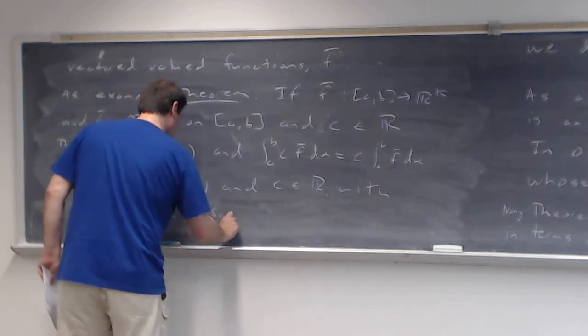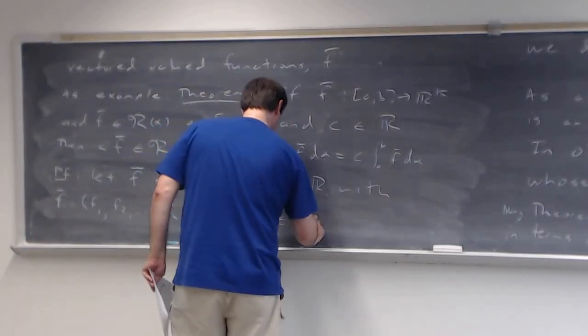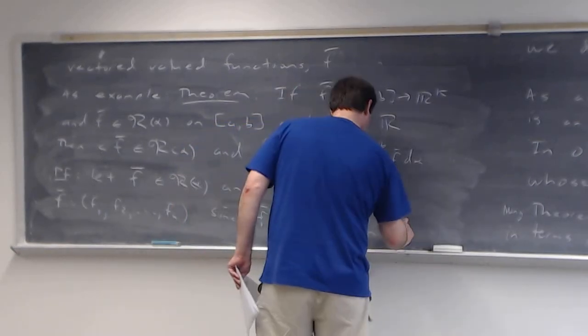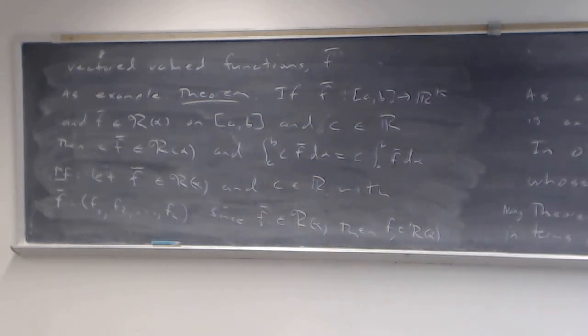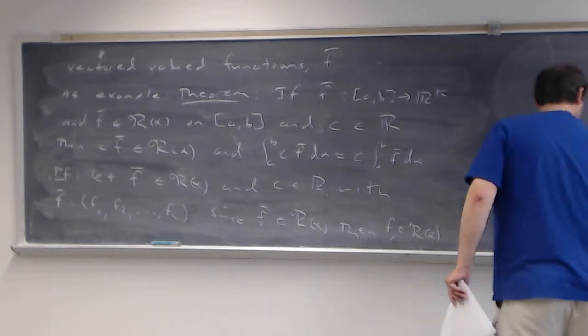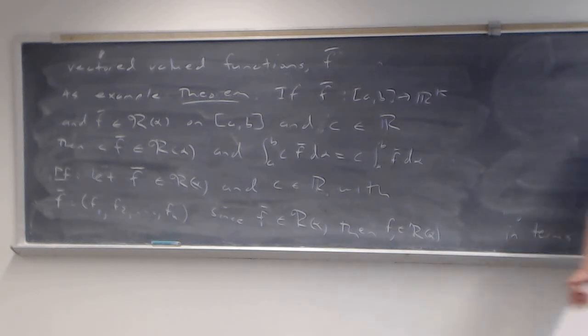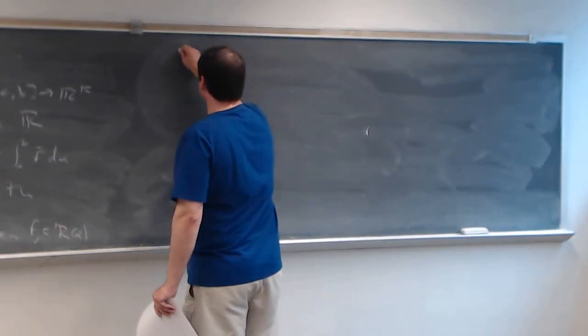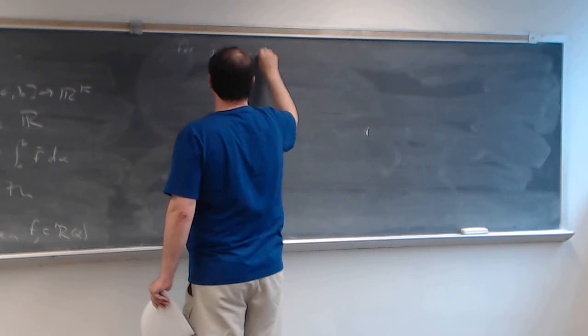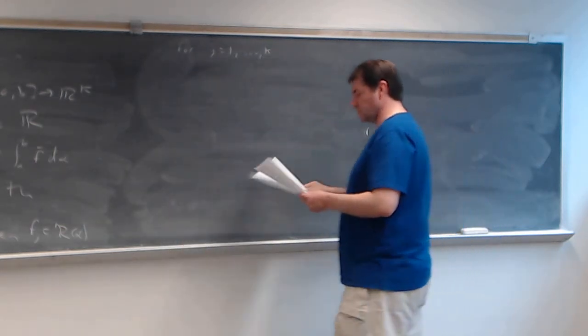Since f bar is Riemann-Stieltjes integrable, then fj is Riemann-Stieltjes integrable with respect to alpha for j equal 1 all the way up to k, so each component function.